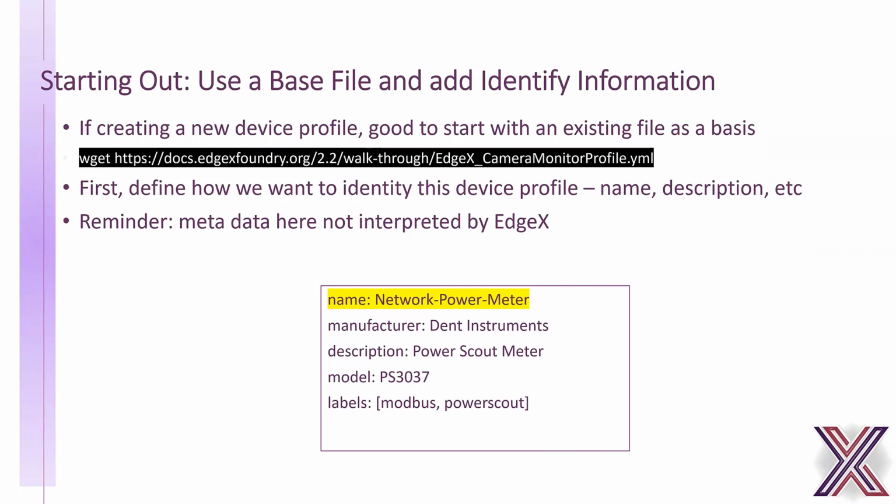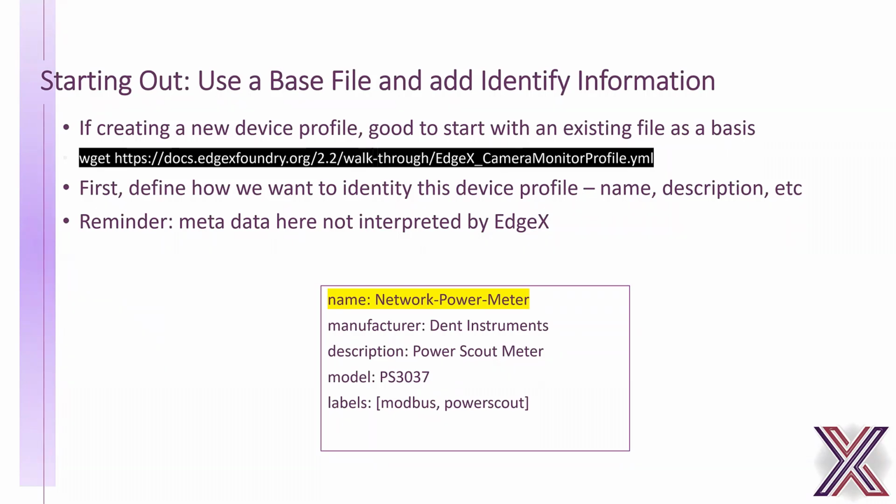So I'll do a wget where we can pull that file down, then we can edit it. It's a good way to start out. So in our case, for the identity information, we want to define how we'd like to identify this profile. So it's a name and description. It's pretty simple stuff. And a reminder here that this metadata is not interpreted by EdgeX, so we're free to put whatever we like in these fields.